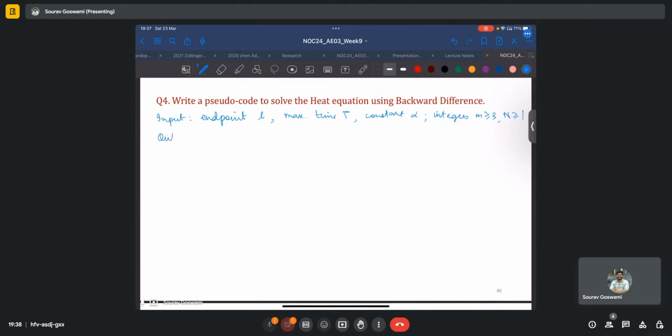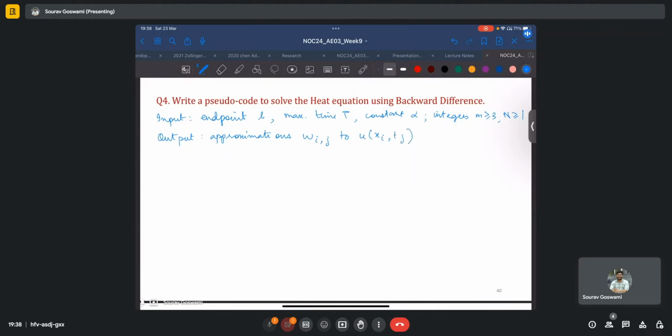And what are these m and n? The output is the approximation Wij.